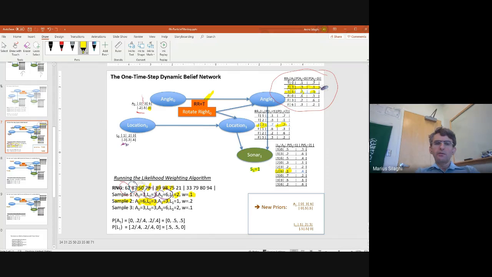And then for the random number 75, we find the right entry. If the random number would have been smaller than 70, we would have selected angle 0. But because it's bigger, we select angle equals 3 from 70 to 100.